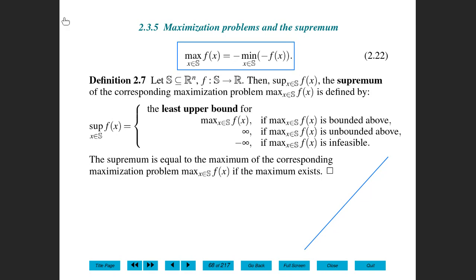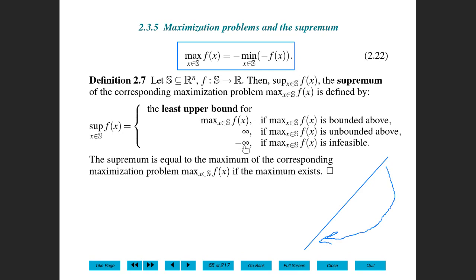And if the problem is infeasible, then we do a kind of switch, and we say that the supremum is minus infinity. It's just the opposite of the infimum. If you remember, for the infimum, if the problem was unbounded below, it was minus infinity, and here it is plus infinity.